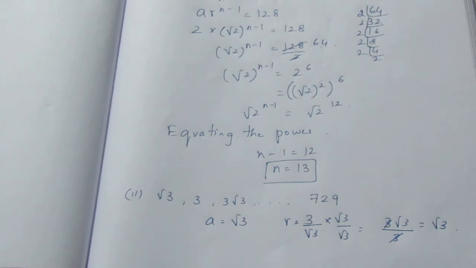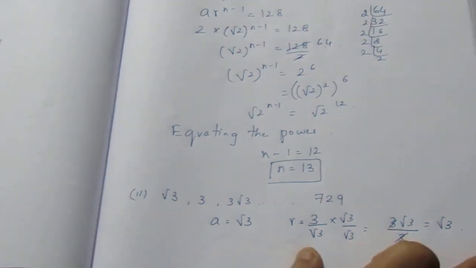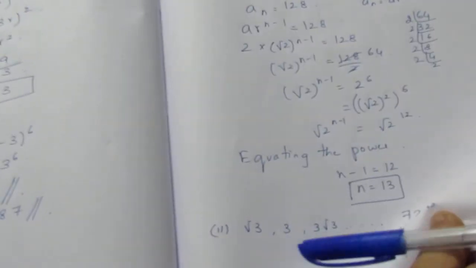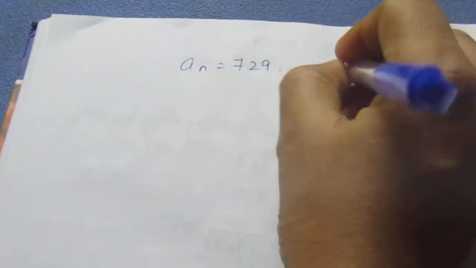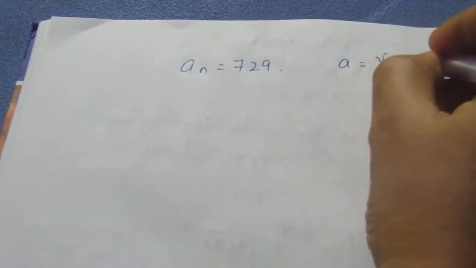Now we can apply the same procedure. AN equal to 729. Writing AN to be 729, we are going to find n value. We know A is equal to root 3, R is equal to root 3.